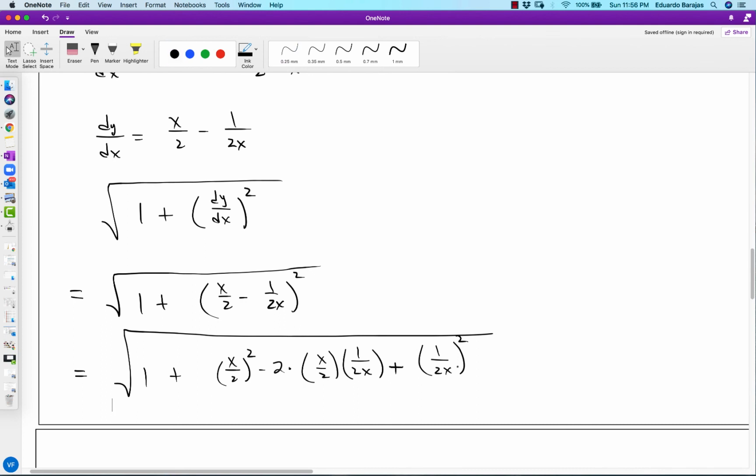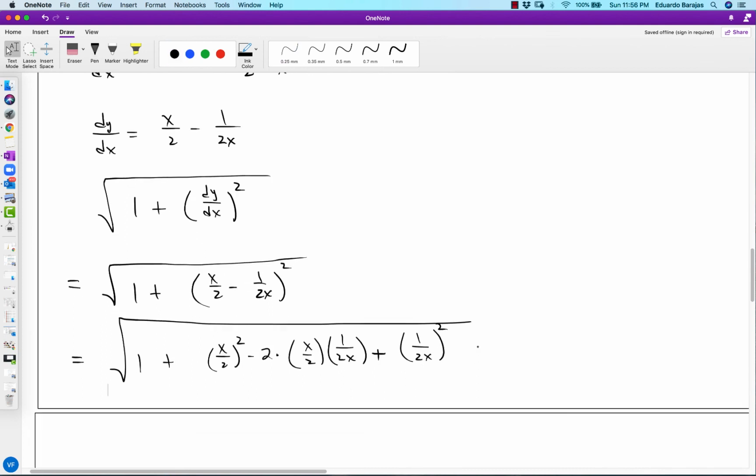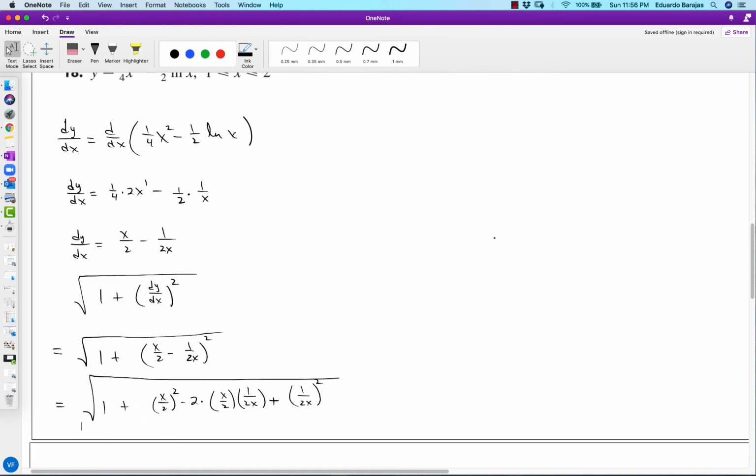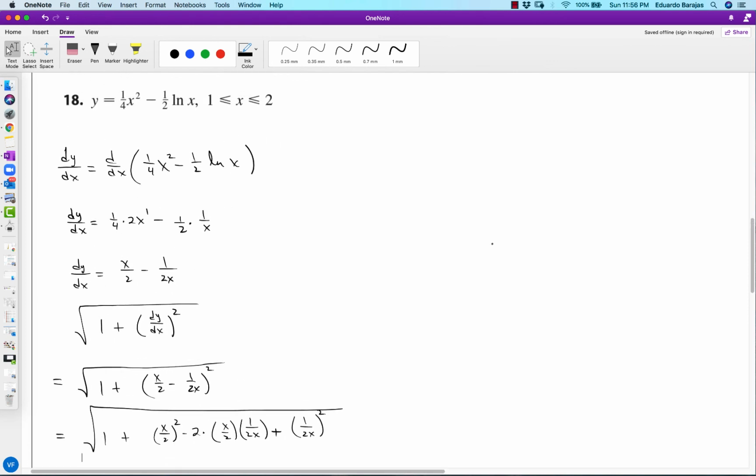Okay, simplifying that a little bit more. So this is going to be equal to 1 plus x squared over 4 minus, okay, a bunch of stuff reduces here. So we'll say this guy reduces with that guy, this x reduces with that x.